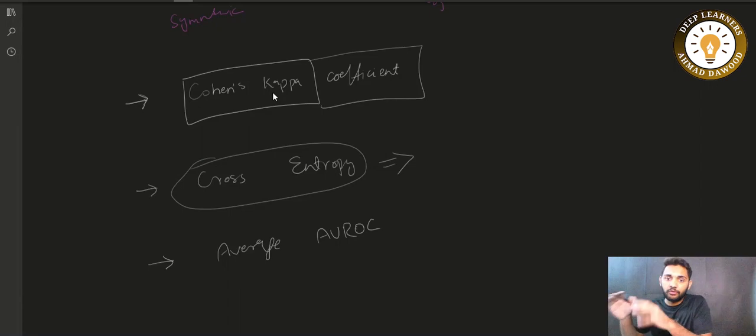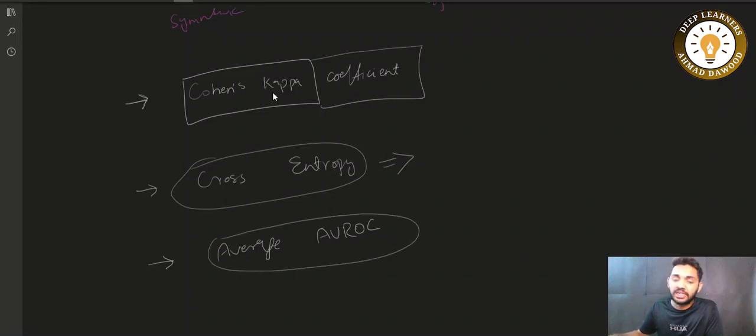You are getting my point? Or if you are using the OVR technique, one versus rest, which also gives probabilities, they calculate the area under the ROC curve for each binary classifier and then take an average. But again, I usually do not recommend that either, because here there is no concept of threshold, and it can also mislead you.